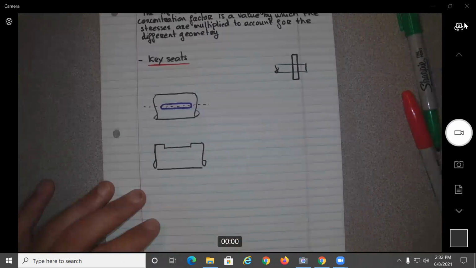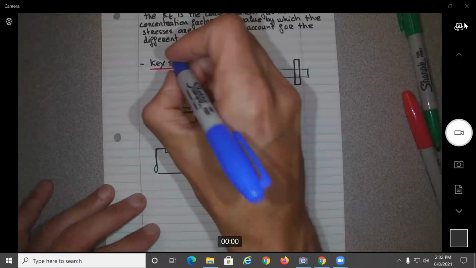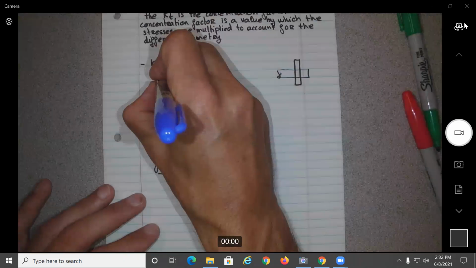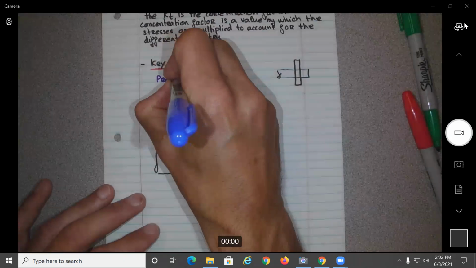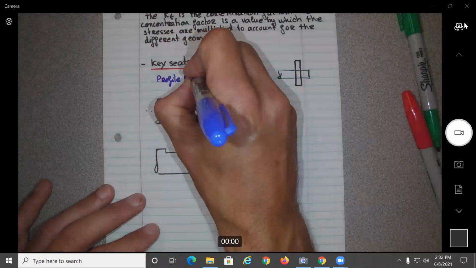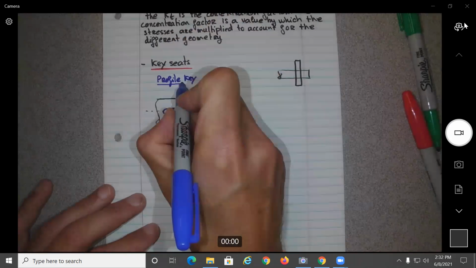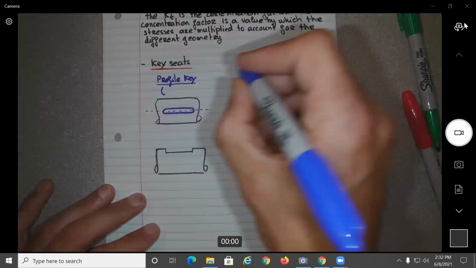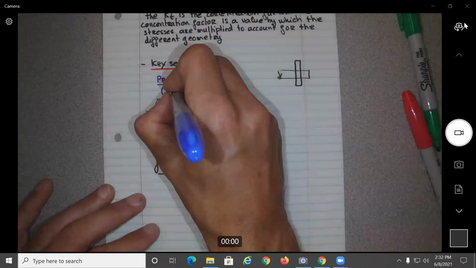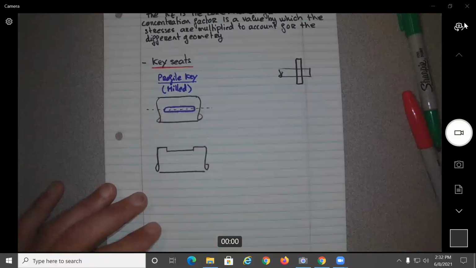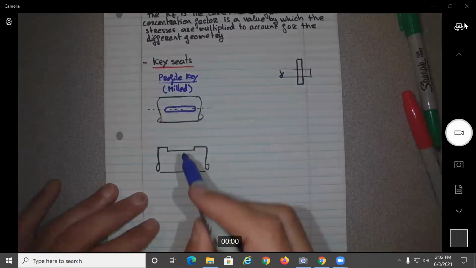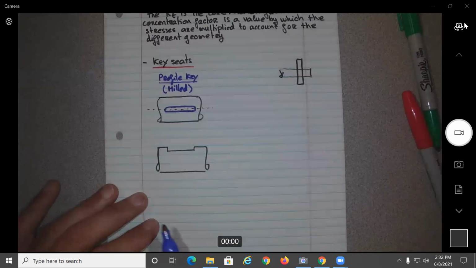The process to do it is with the mill machine, like the one you have in the labs. You will hold it, put it on a mill machine, and do it.